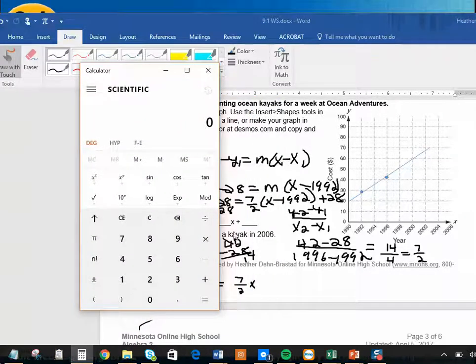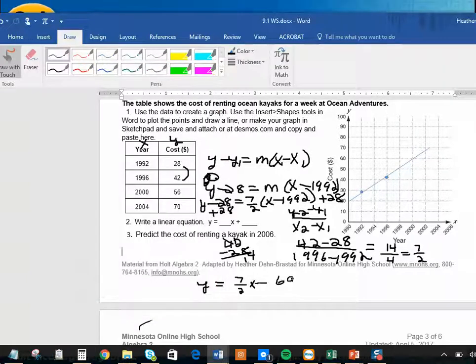The 1992 can be divided by 2, and then multiply that by 7. That gives 6,972. And then I have to add the 28.